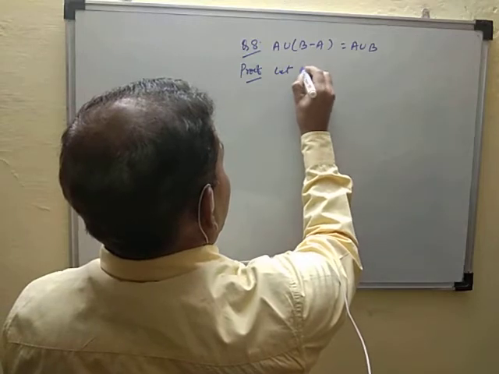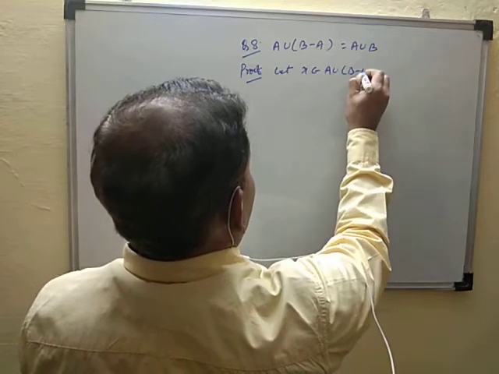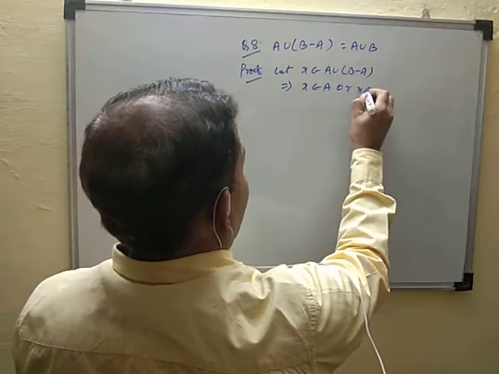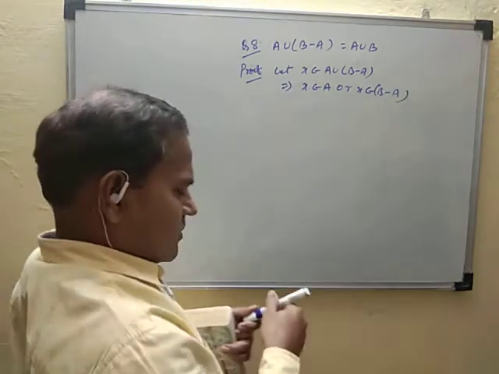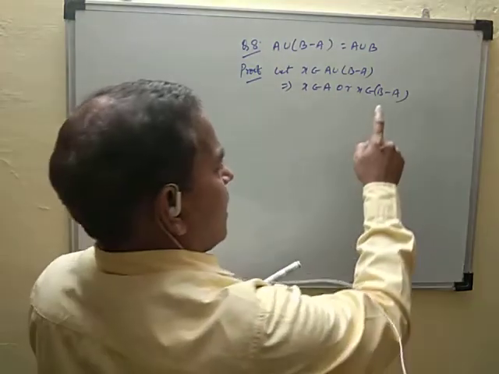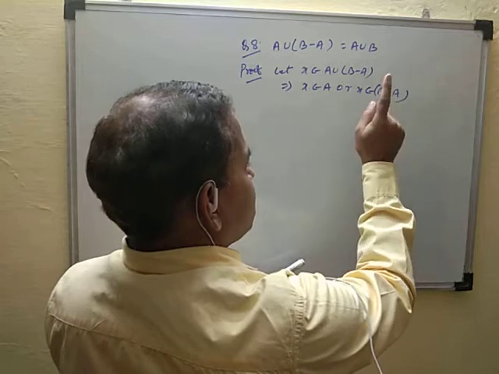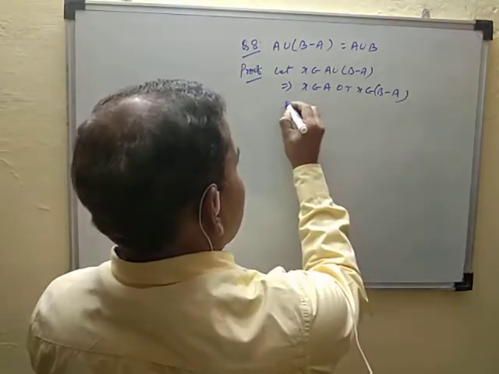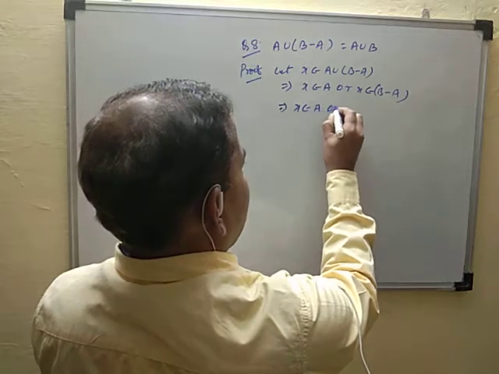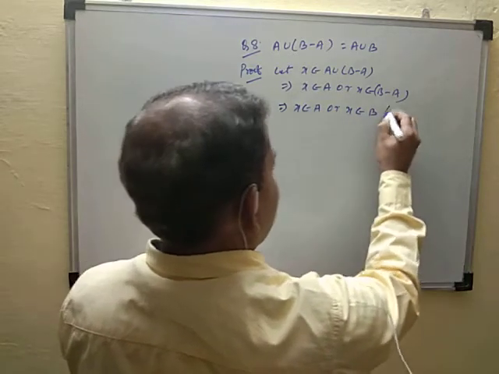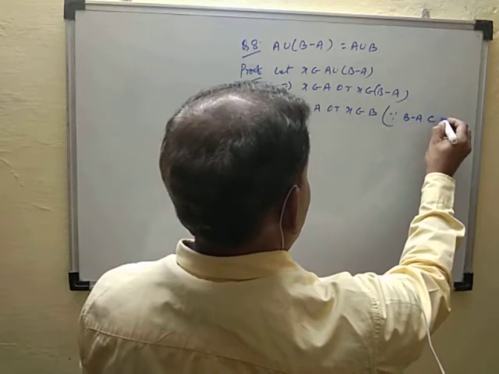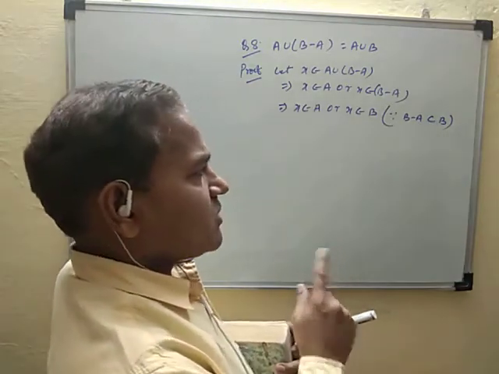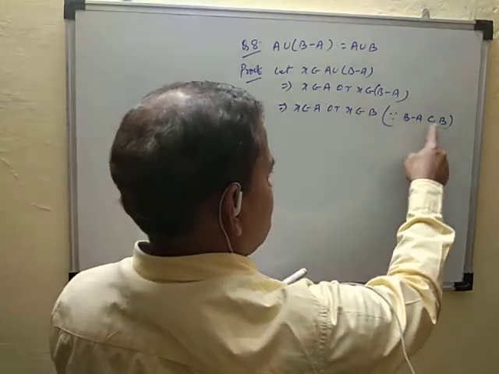First suppose let X belongs to (A union B) minus A. This implies X belongs to A or X belongs to B minus A. And since B minus A is a subset of B, every element of B minus A belongs to B. So X belongs to B also.